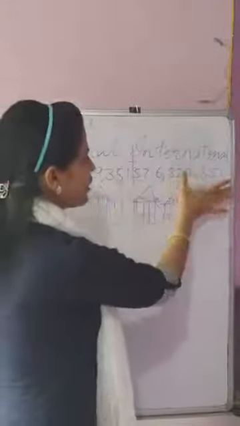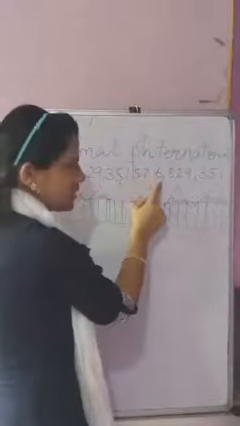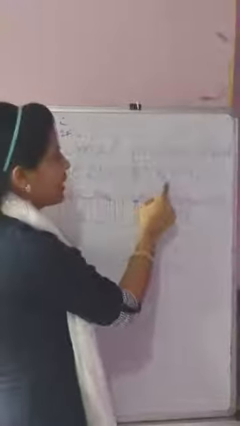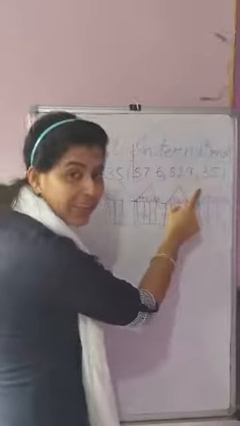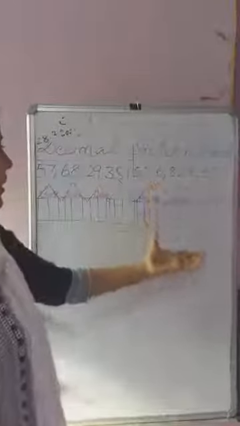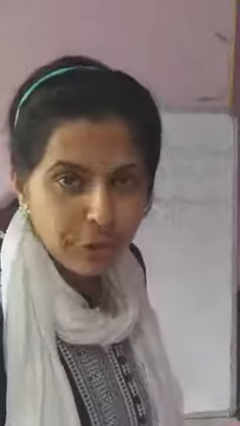So how will you read it? 576 million, this comma represents million. 829,000 and 351. So in this manner, I think the international system of numeration is very much clear to all of you.